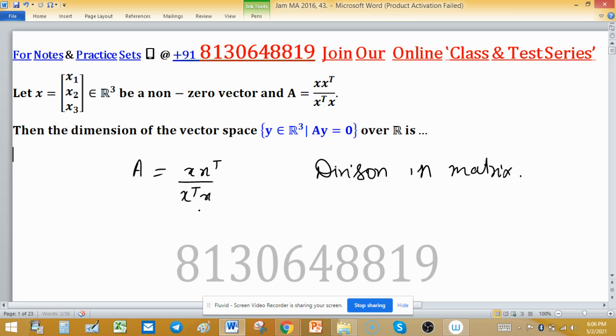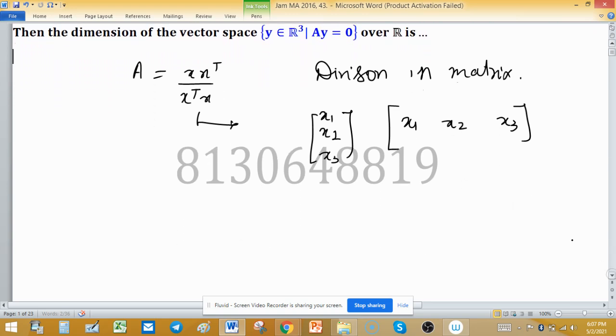Then what is this? If x is this column vector x1 x2 x3, then its transpose will be x1 x2 x3. Now take the product of these two matrices, because this is 3 by 1 and this is 1 by 3.